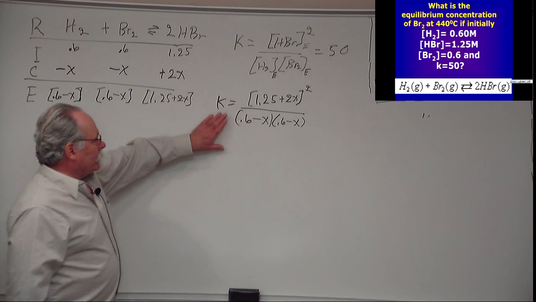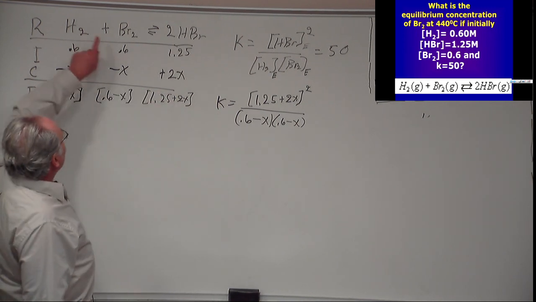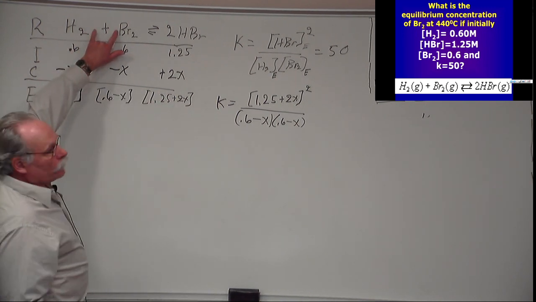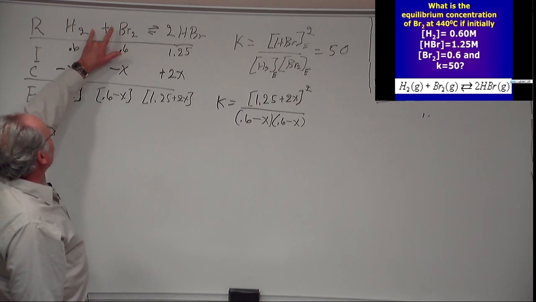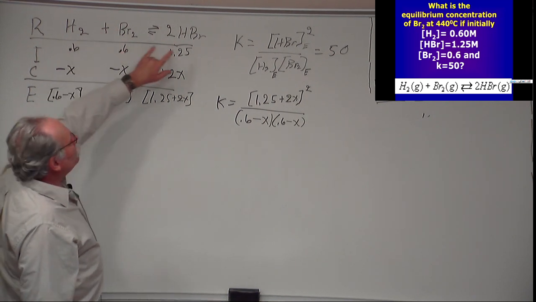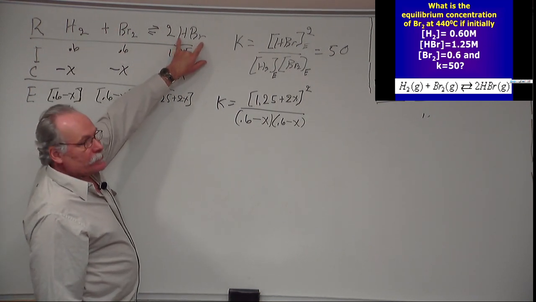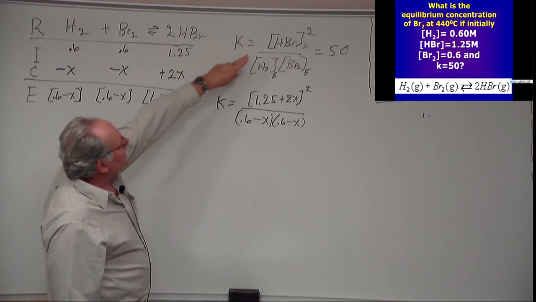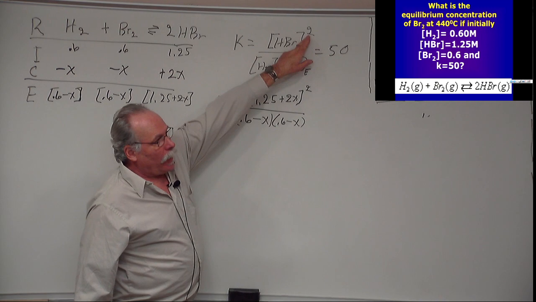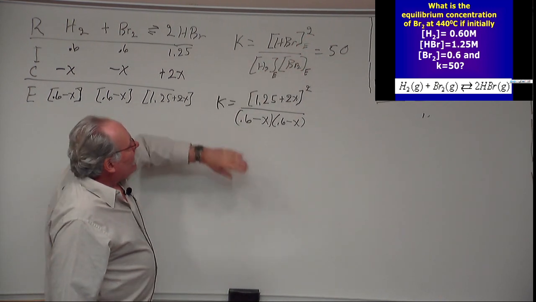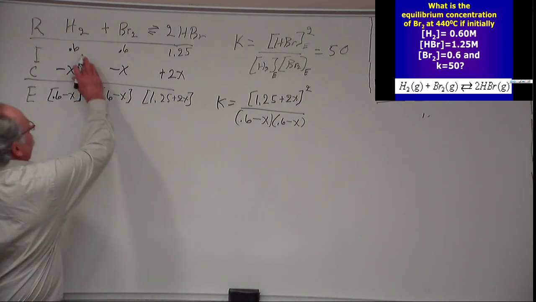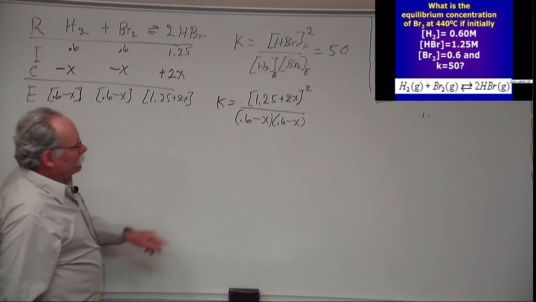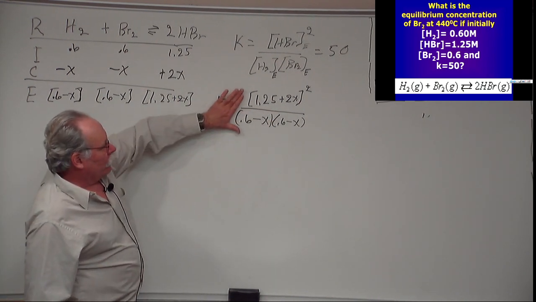Now let's take a second out here, okay? There are two different entities on the left-hand side, an H2 and a Br2, and there are 2 entities on the right-hand side. They're both HBr. And so this is going to be a quadratic expression. The highest power is 2. If these are mixed in stoichiometric proportions, we don't have to solve the quadratic equation.